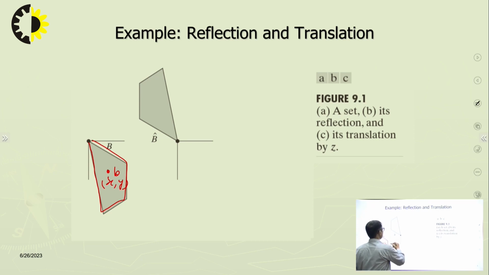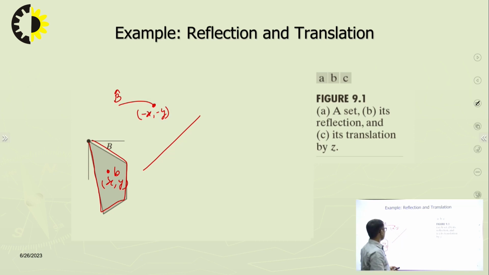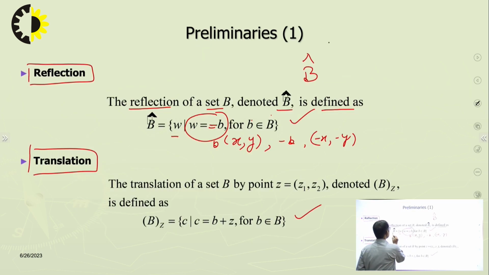It will move to another coordinate here, and it will be minus x and minus y. So, this particular point is a reflection of b. From this definition we can easily see that B reflection is given by the set of those points which are negative of b, where b belongs to the set capital B.